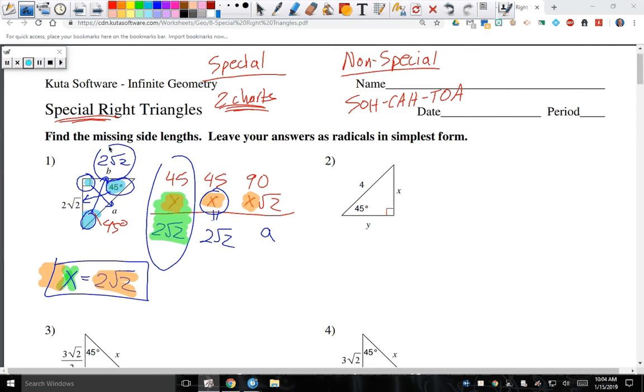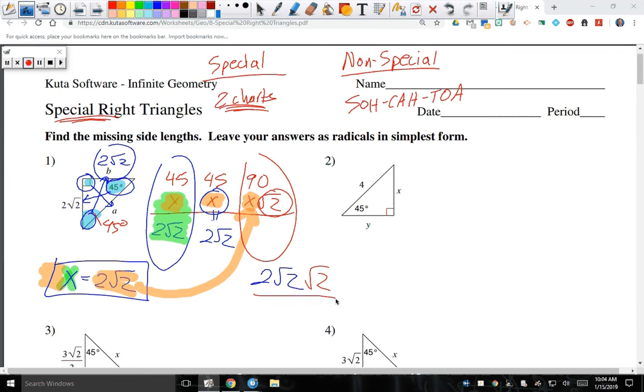Okay? Now, again, we solved for this x value of 2 root 2, and we placed it right here where x is. So mathematically what we did is we have 2 root 2 multiplied with this root 2 that's already there, and whatever we get as an answer is going to be right here underneath the column of 90 degrees. When I multiply this out, you tell me, please, what would I get when I multiply root 2 times root 2? 2.